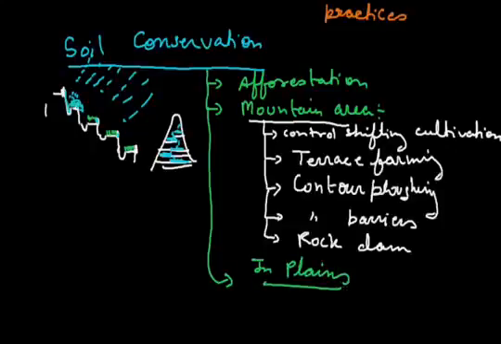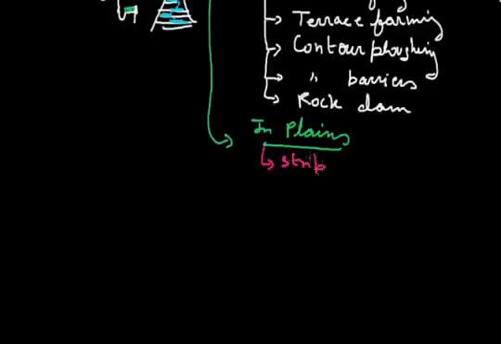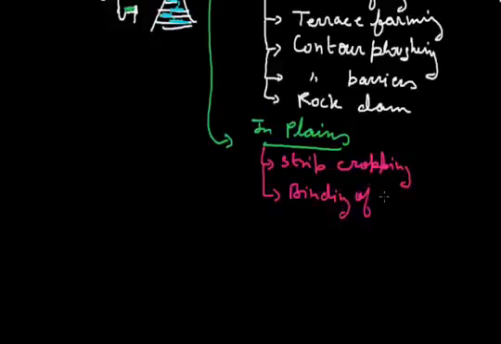If we come to the plain areas, then here we can conserve soil through strip cropping, which means growing different crops in parallel narrow strips. With the help of this, soil cannot lose its fertility, as the binding of fields also stops the erosion of the soil.